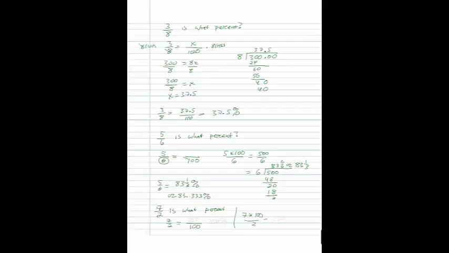So 700 divided by 2 is 350. So we get 7 over 2 is 350 over 100, or 350 divided by 100. Divided by 100 is equivalent to saying percent. 350 divided by 100 is 350%.